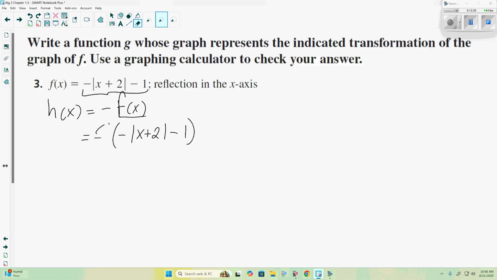And again, at this point here, we're going to distribute that negative. We're going to multiply it through each term. So that negative and our negative in front of the absolute value, those are going to multiply together and become positive. So we have just the absolute value of x plus 2. Our negative in the negative 1 is also going to be positive.